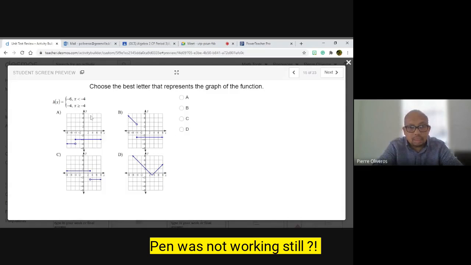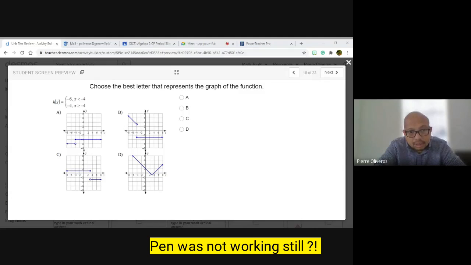Here you're going to do the same thing. -6 is a horizontal line from -4. So it will be from -4. Where's -4? -4 is right here, but -6 to the left. So this is wrong. Where's -6? Hmm.